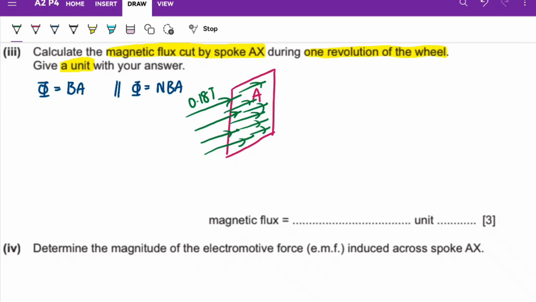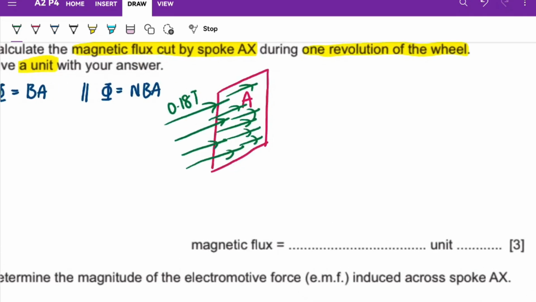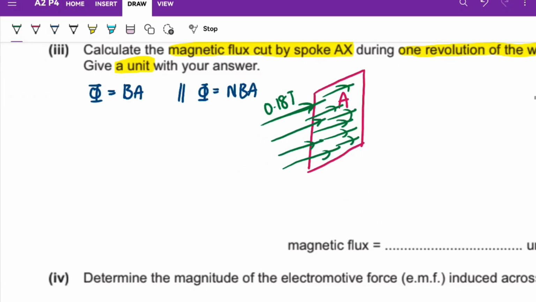So magnetic flux is calculating the product of the flux density multiplied by the area that the flux is flowing through. So magnetic flux is basically calculating the total of it flowing through this particular area. That is magnetic flux. Okay.